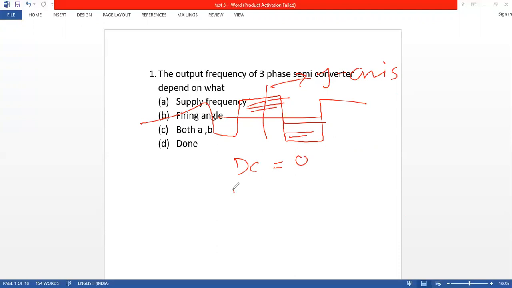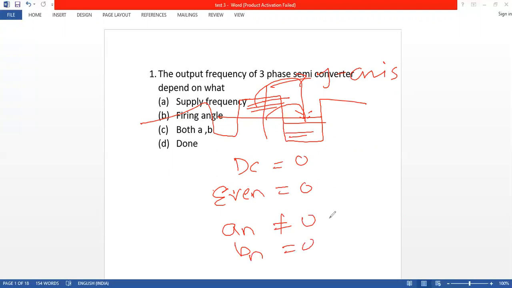Now you just flip it: transfer half cycle and flip it. So you can say even harmonics are 0. It is an even function. So you can say An is not 0, Bn is 0. So only cosine terms will exist, sine terms are 0. That too, only odd harmonics will exist.